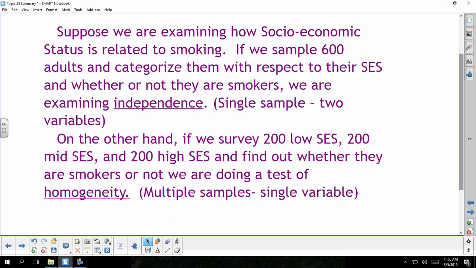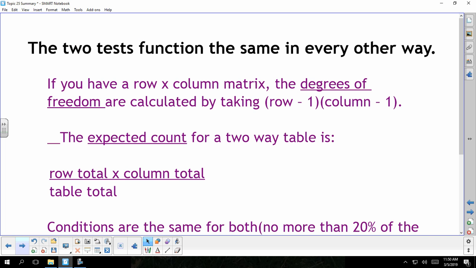We have multiple samples and a single variable measured. As opposed to the goodness of fit test, where we had a single sample with 1 variable with more than 2 categories.